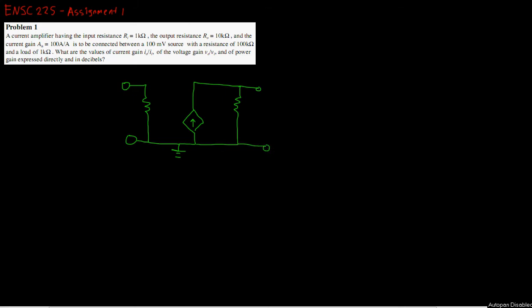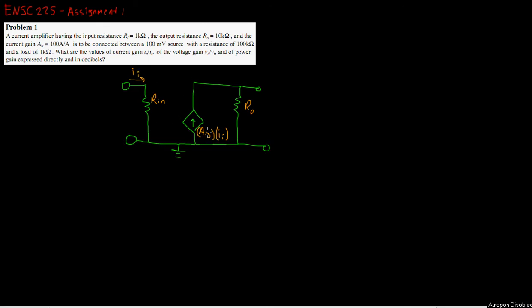This one is R_in, this one is R_out, and this dependent current source puts out a current that has a value of A_IS times I_i. And that I_i is the current entering right here.